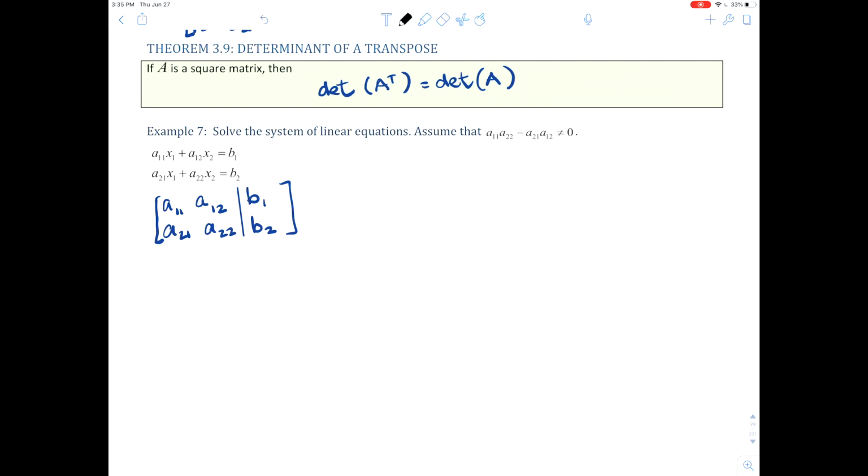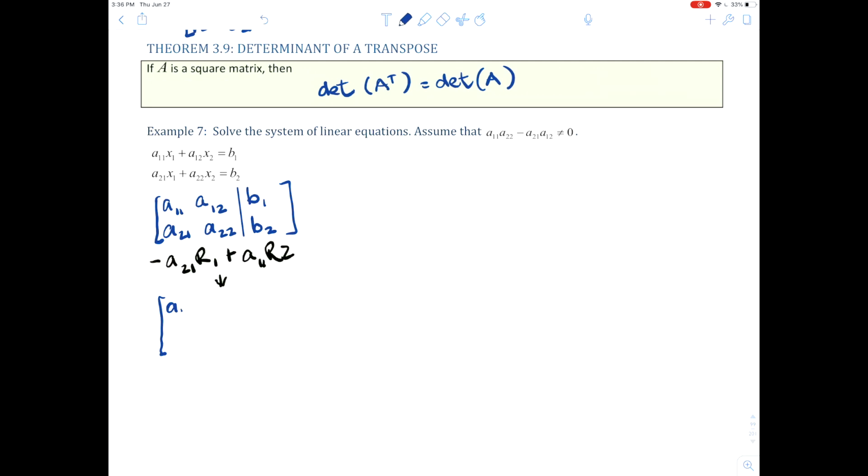Just like normal, so let's do it. If I multiply the top row by negative A21, times row 1, and then add to that A11 times row 2, what's going to happen?